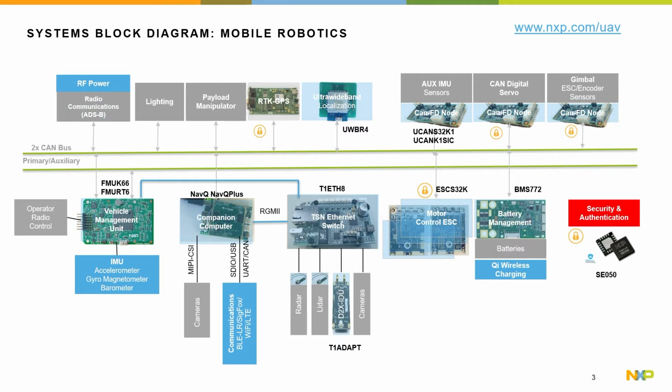So we have created all of these reference designs for you to use and leverage to get to market faster. In addition to the NXP reference designs, there are third-party designs that use our chips and provide also additional software support.